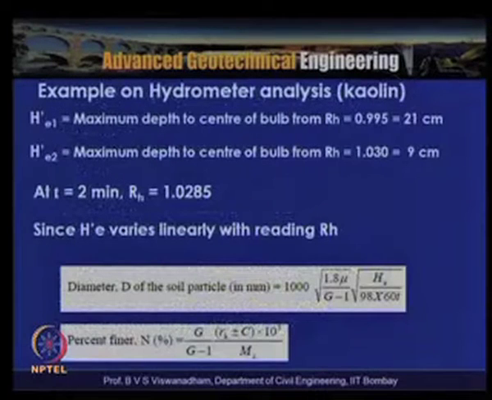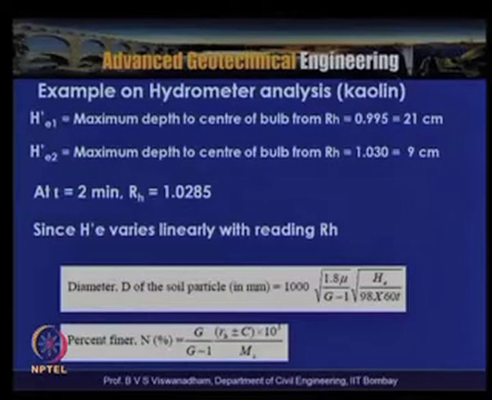With this data, for the given hydrometer, HE1, indicated here as HE1, maximum depth to center of the bulb for RH 0.995, that is the topmost reading in the stem of the hydrometer, is 21 centimeter.